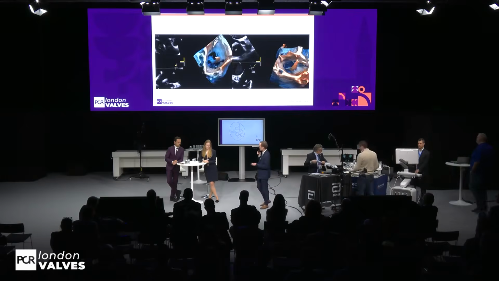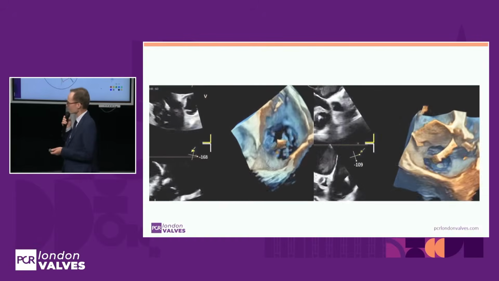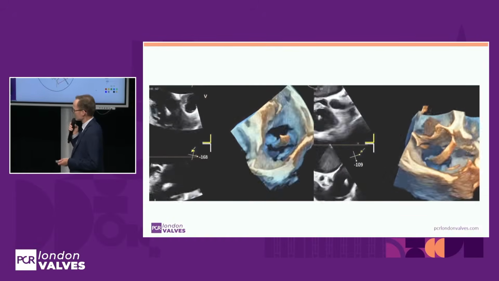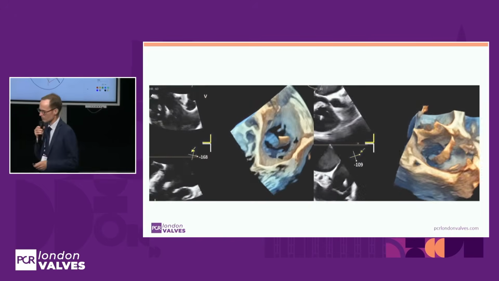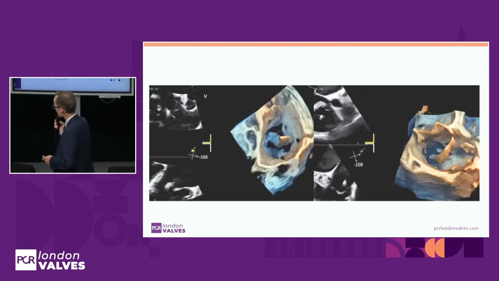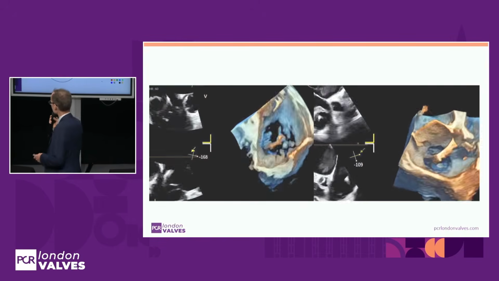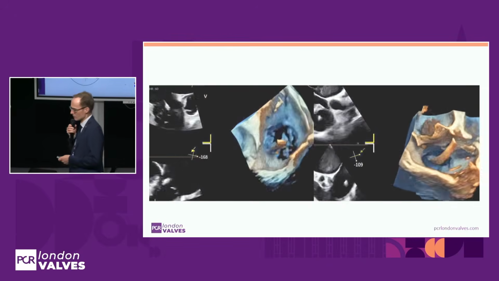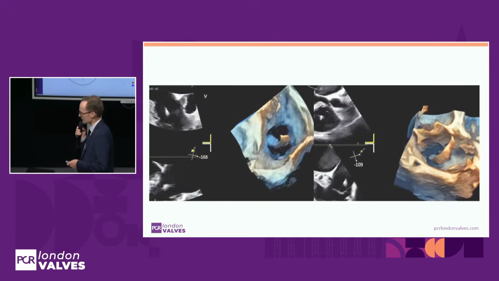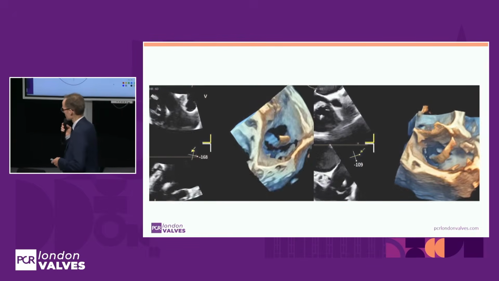We have to discuss with the EPs and see if we have to extract the lead and put something else, and then be free to implant TEER. This is a question. So EP discussion or directly TEER, or do we have to discuss TMVR? This is another option that we can discuss.